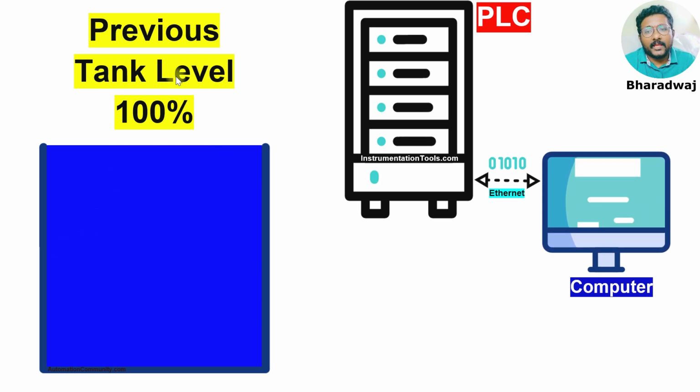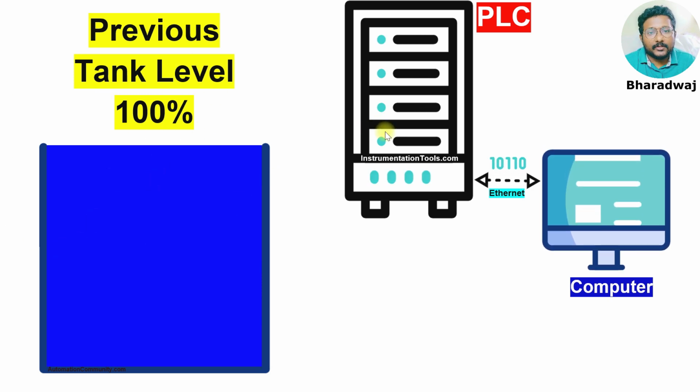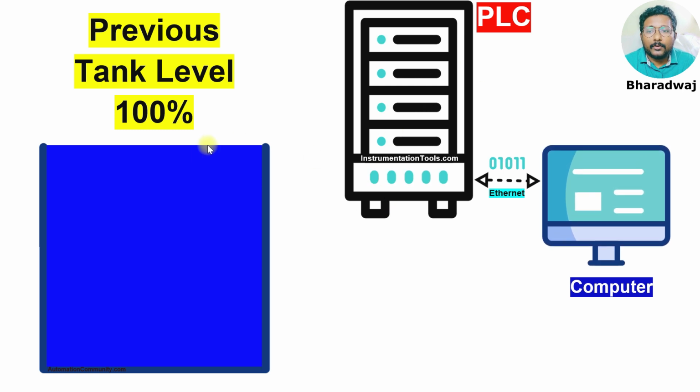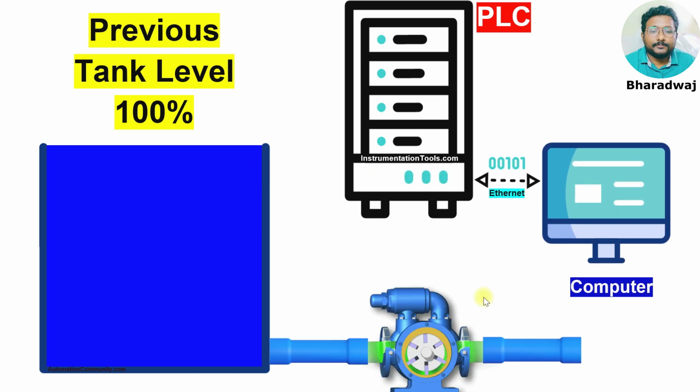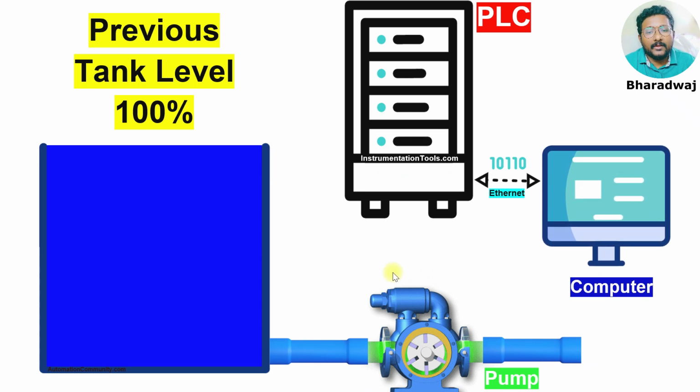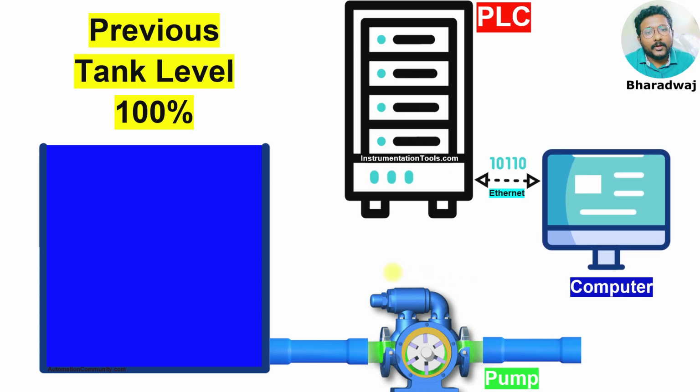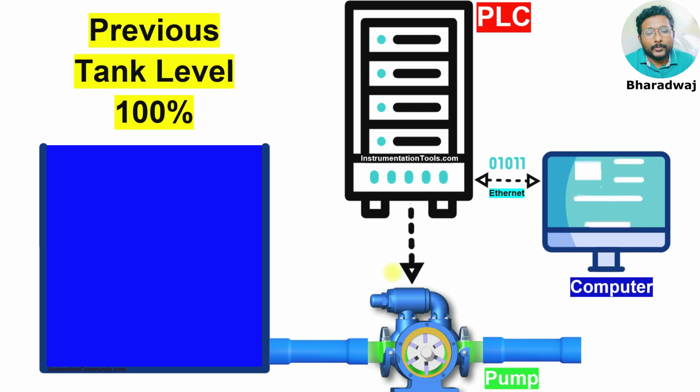Now, previously the tank level is 100%, and to drain the water inside the tank, I will use one pump. This pump speed we can control using analog output.